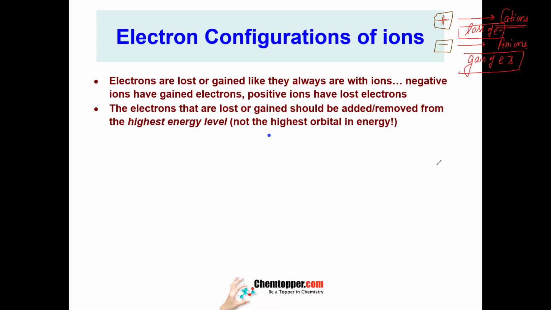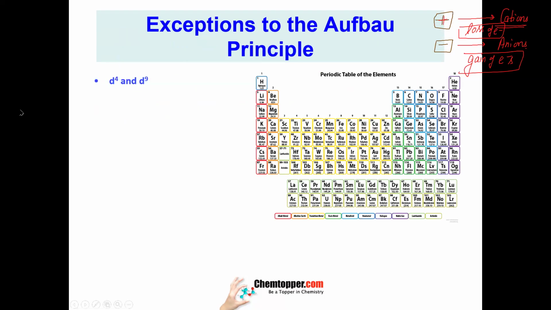Okay, now we have to see why these elements want to lose or gain electrons. If you remember, noble gases have the most stable configurations with the minimum energy, a completely filled octet. They are unreactive because they are very stable.